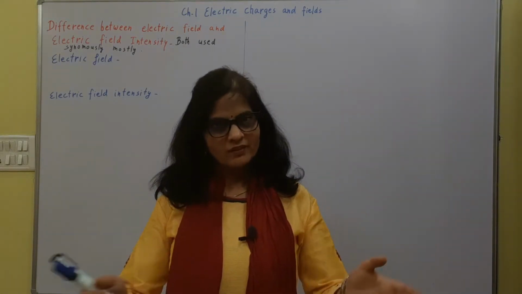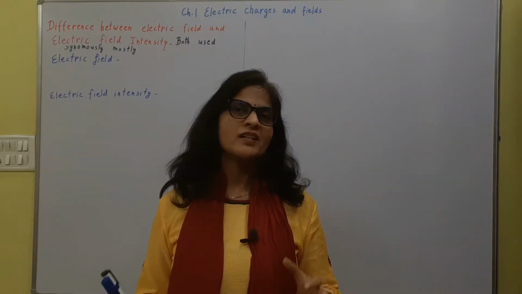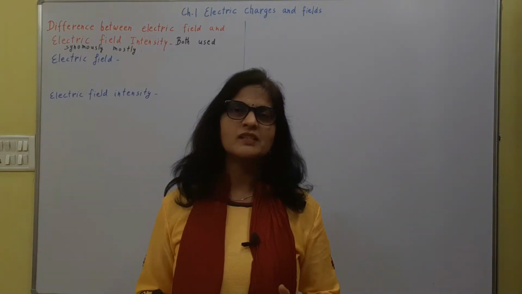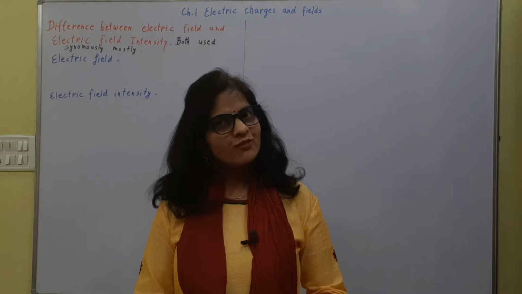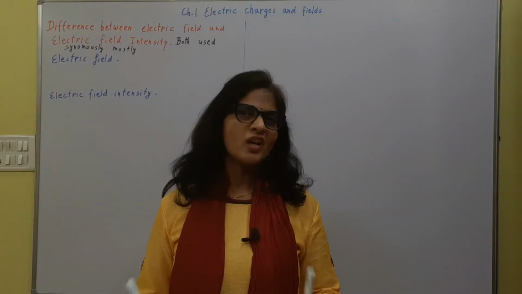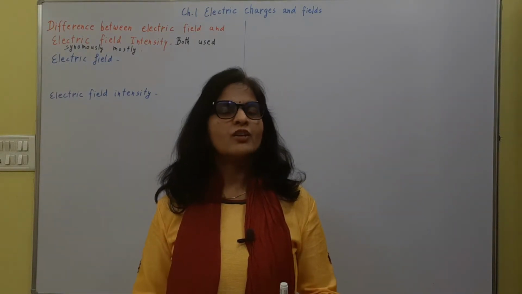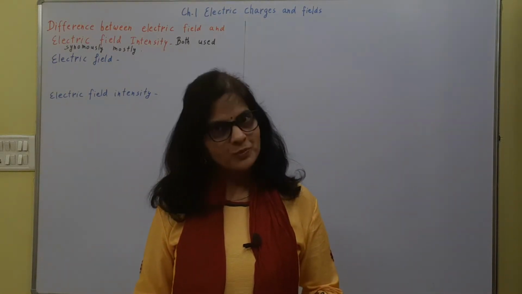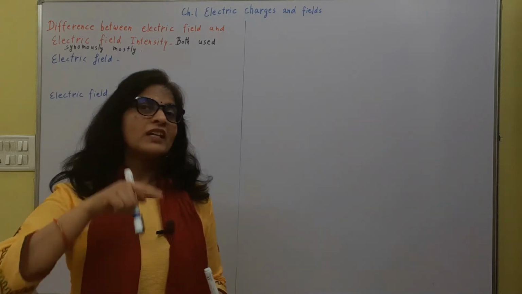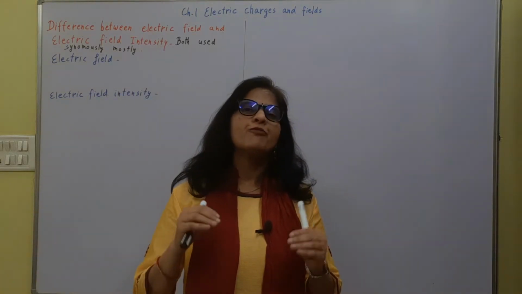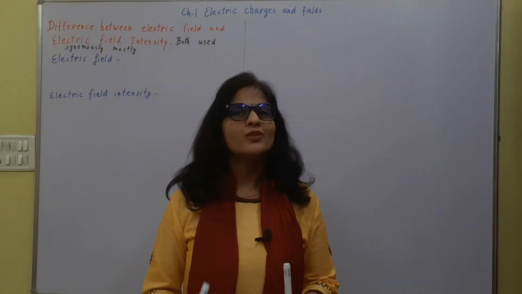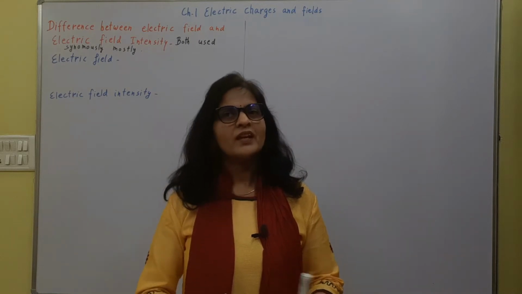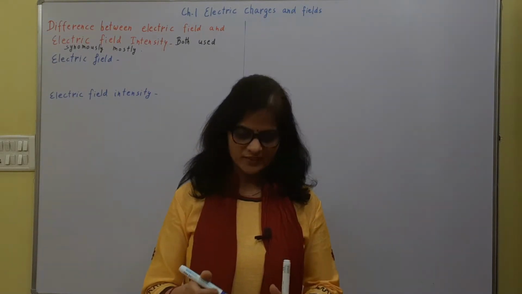It's the region around a mass where the gravitational force can be experienced. Similarly, electric field is a region around a charge where the effect of the charge can be experienced. And electric field intensity is the force experienced by a unit charge placed around the source charge, right?